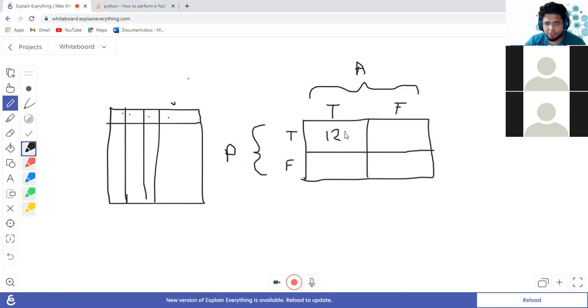That means a total of 120 people who actually had heart disease, the model correctly predicted them to have heart disease. I'll write this one in green color. True positives, right?